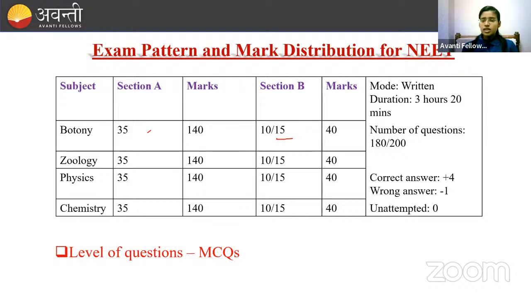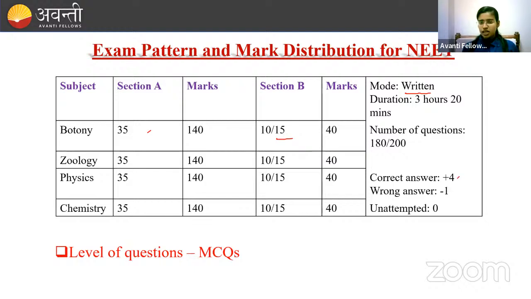So 35 plus 10 will be 45. So 15 questions will be given to you in each subject, and you have to attend 45 questions out of 50. The mode of examination is written, with a duration of 3 hours 20 minutes, and totally there will be 200 questions, and we have to attend 180, 45 for each subject.